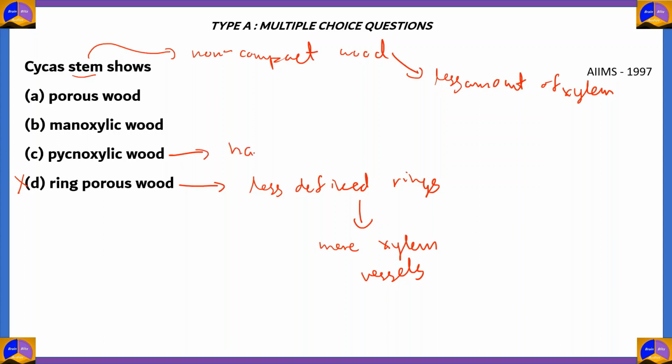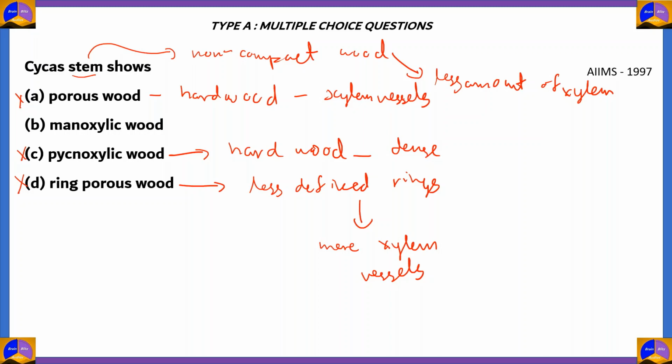Now, this is hard wood and is extremely dense, whereas the wood in Cycas stem is non-compact. So therefore, option C is incorrect. Among our two remaining options, option A is also incorrect because porous wood is a hardwood, which again contains xylem vessels and in a large amount.